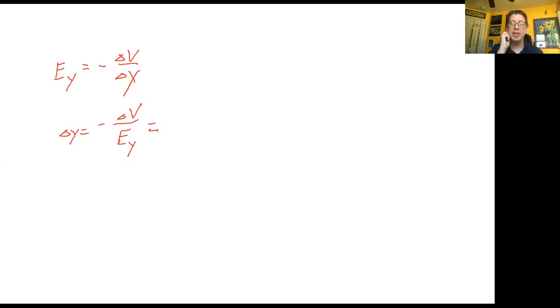The voltage difference is about 1 times 10 to the 8 volts, and you're dividing by the electric field, which we said was about 3 times 10 to the 6 volts per meter.